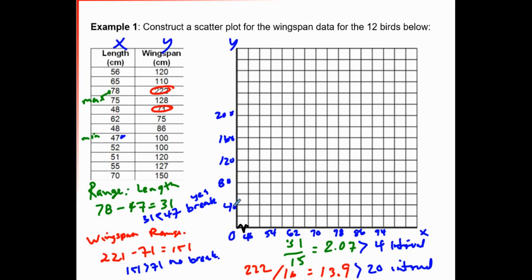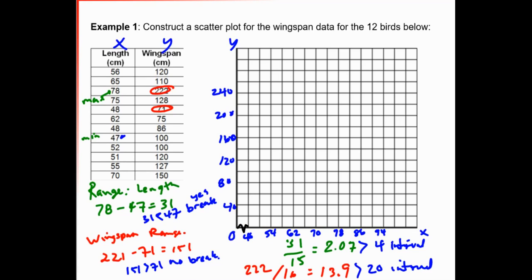Let me make sure we're not making a mistake here. 40, 80, 120, 160, 200, 240. Okay, so in other words, did we use 12 lines? 1, 2, 3, 4, 5, 6, 7, 8, 9, 10, 11, 12, 13. Yeah, 12. Okay, good.